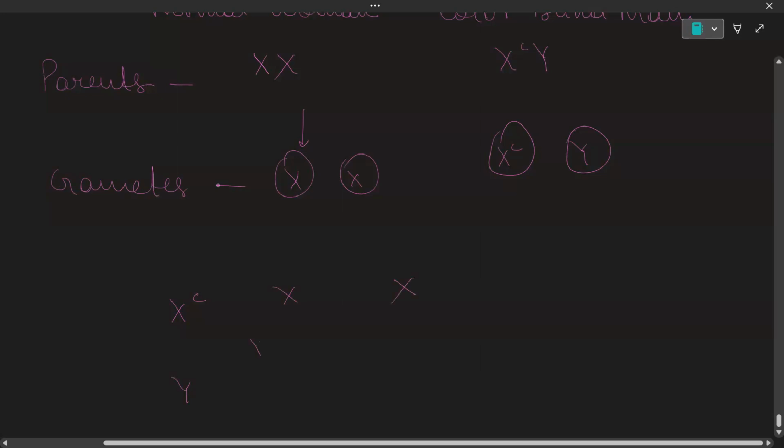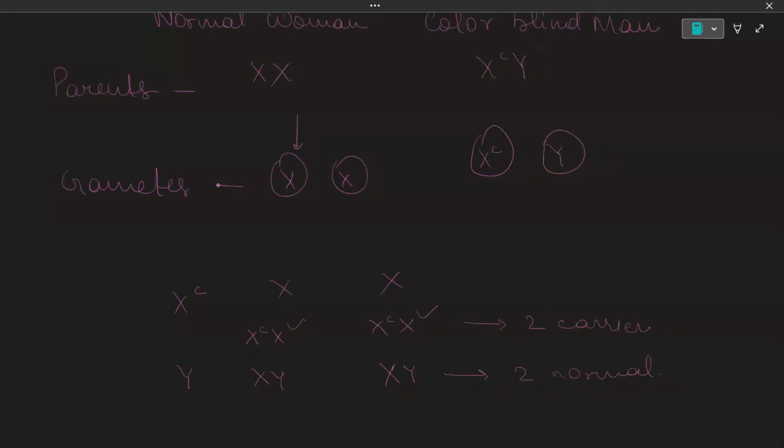So, the first offspring will be this. The second offspring will be this. Then this and this. So, two of the girls that were born were carriers of the disease which is known as colorblindness, and the males were normal, two normal boys. Very good. This is how you made it.